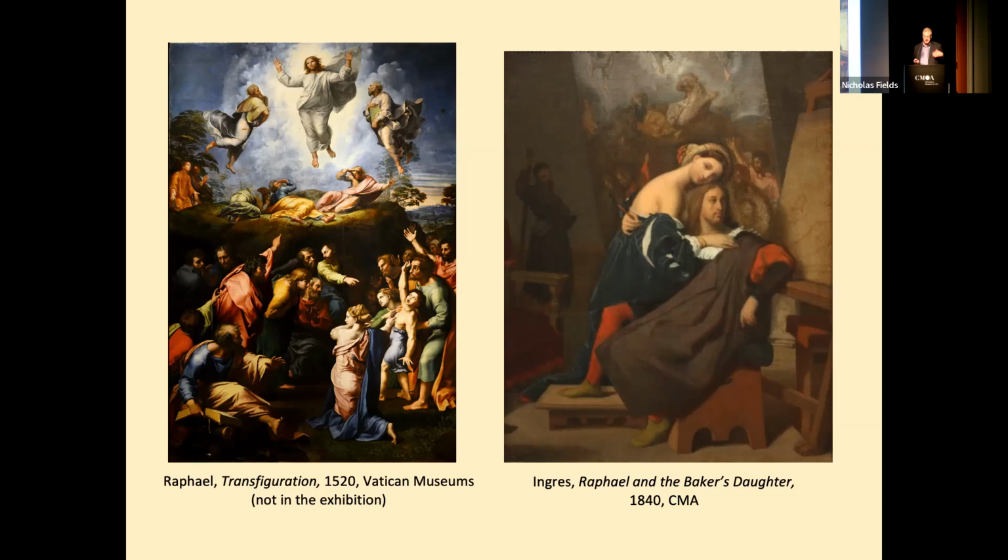and how he was elevated, reached more or less a pinnacle in the 19th century, when not only the style of his paintings was emulated, but his life was depicted in paintings like our work by the French neoclassical artist Ingres, that is in the final gallery of the exhibition, showing him with his most famous and beloved lovers, the baker's daughter, known as the Fornarina.